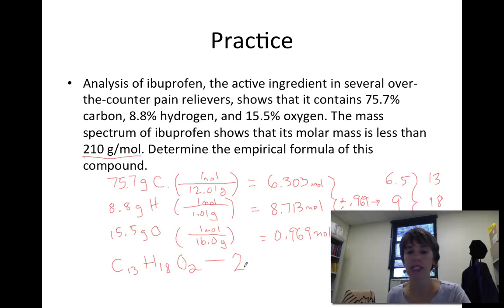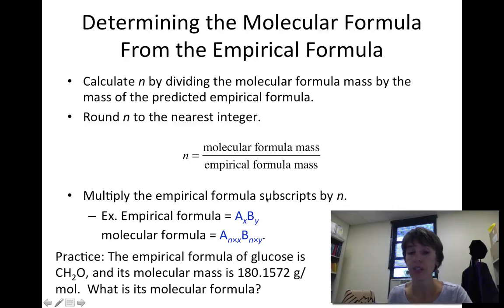That overall, this compound's molar mass is less than 210 grams per mole. And if you add this up, you'll see that the molar mass here is 206.3 grams per mole. So we know we can't get any simpler than 13 to 18 to 2. We could get a ratio with bigger numbers, but that would make the molar mass way bigger. So this empirical formula is its molecular formula.